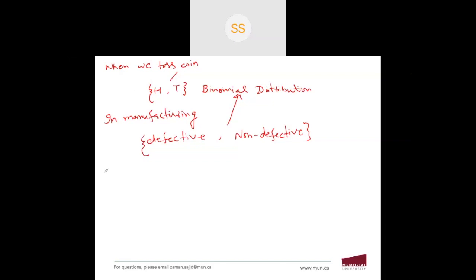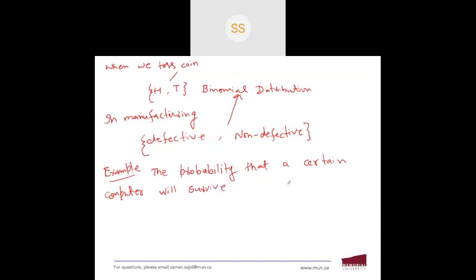Now let's do an example. The probability that a certain computer will survive a shock test is 0.7.